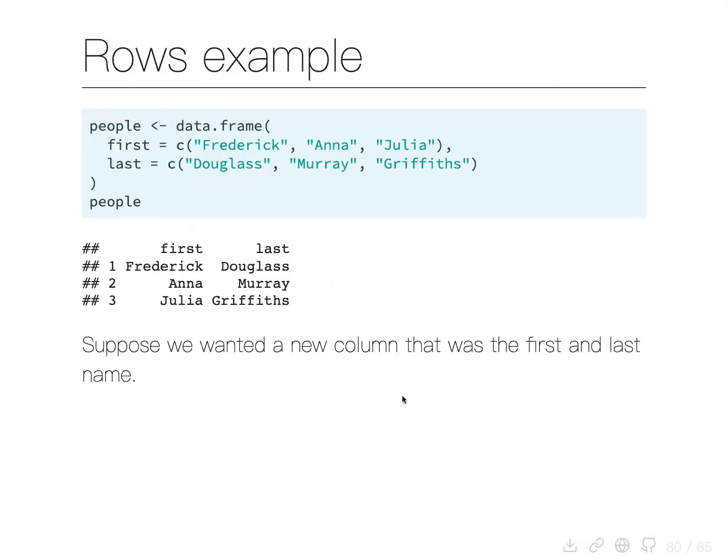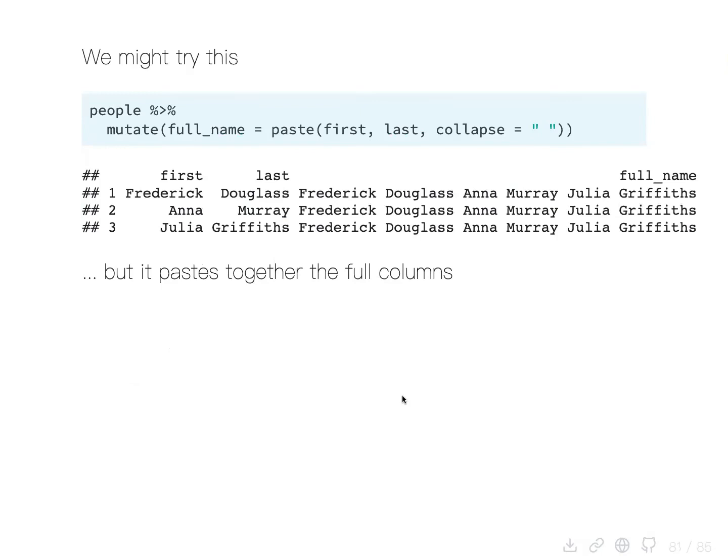So here's a very quick example where we have a data frame that has some people, right? We have their first name in the first column and their last name in the second column, okay? And so we might want to create a new column that is the first and last name of these people, okay? So we might try something like this, where we'd say full name is equal to paste first last and collapse with a space.